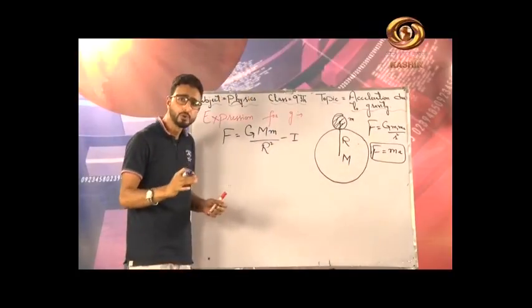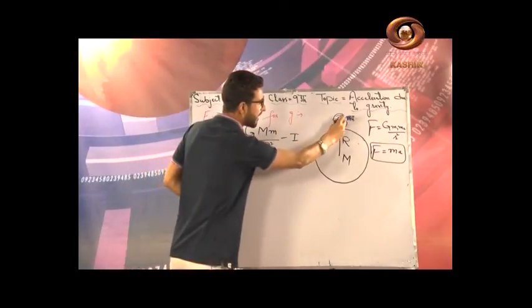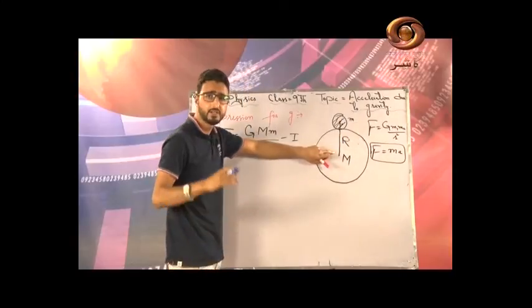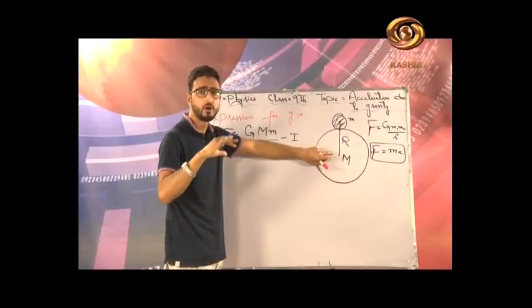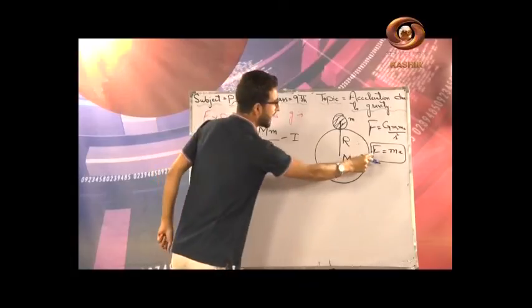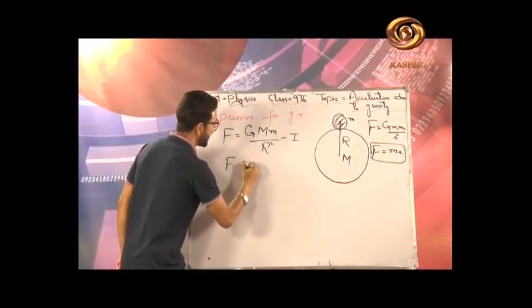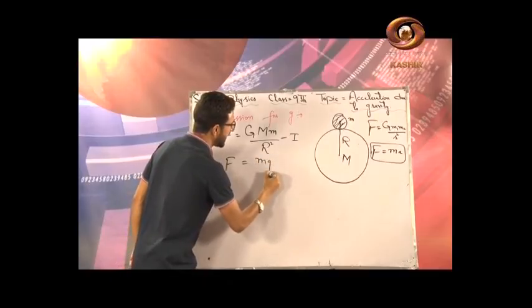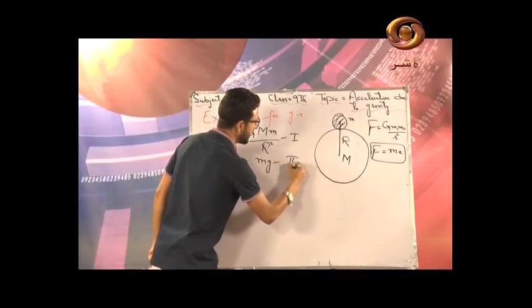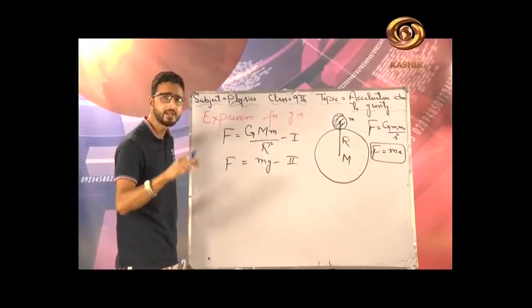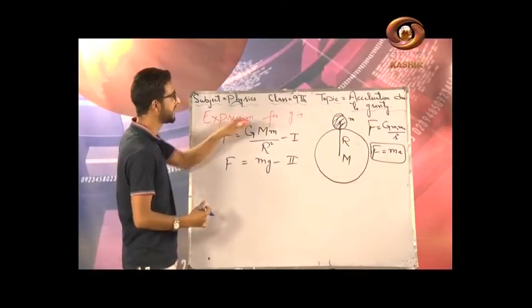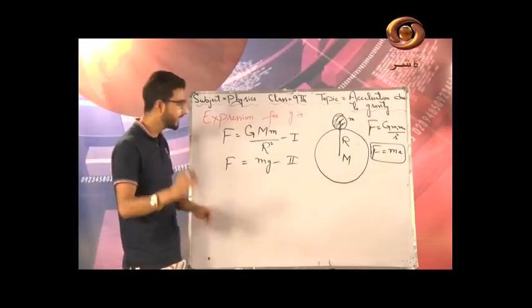So the force with which a body of mass small m is attracted towards the center of Earth is called the weight of the body. Or as per Newton's second law, this F is equal to ma, but here I will write F is equal to mg, where g is the acceleration due to gravity, for which we have to find the expression.